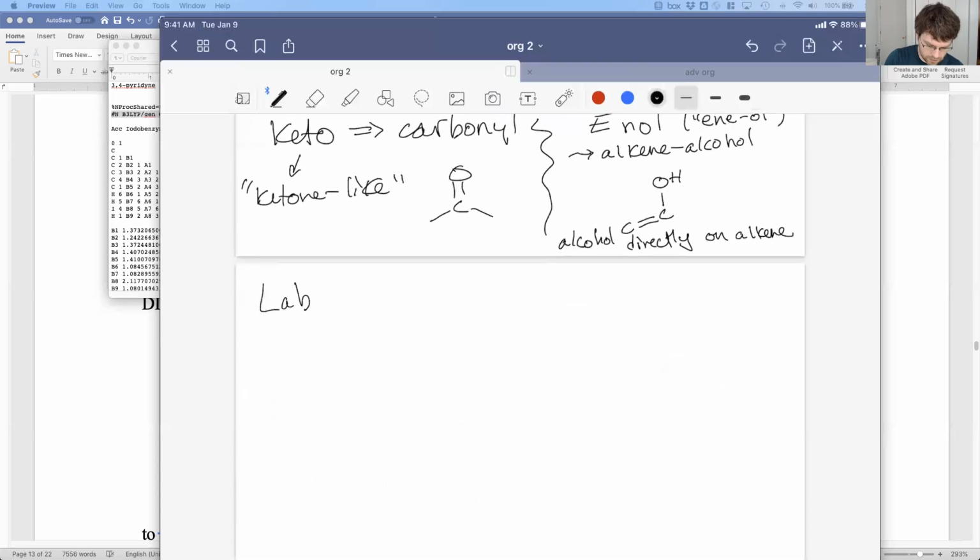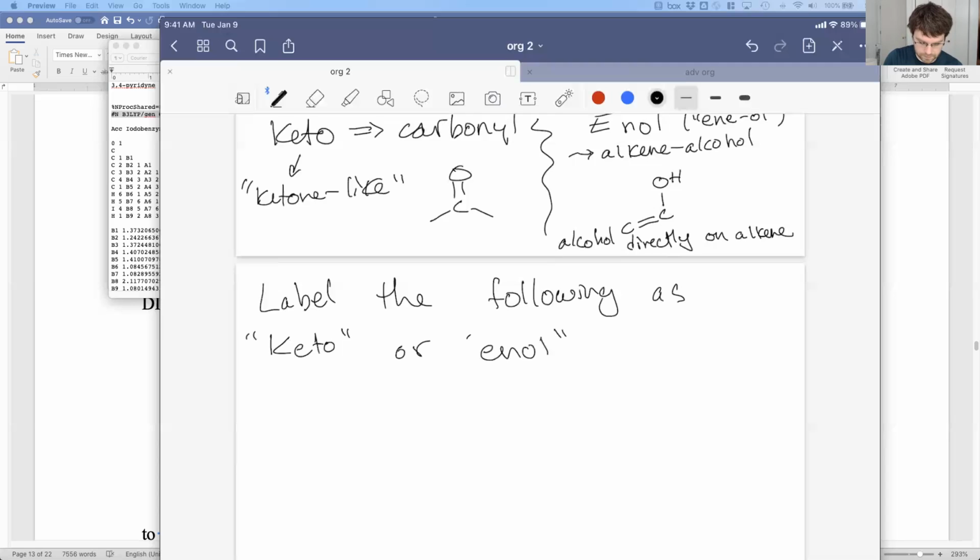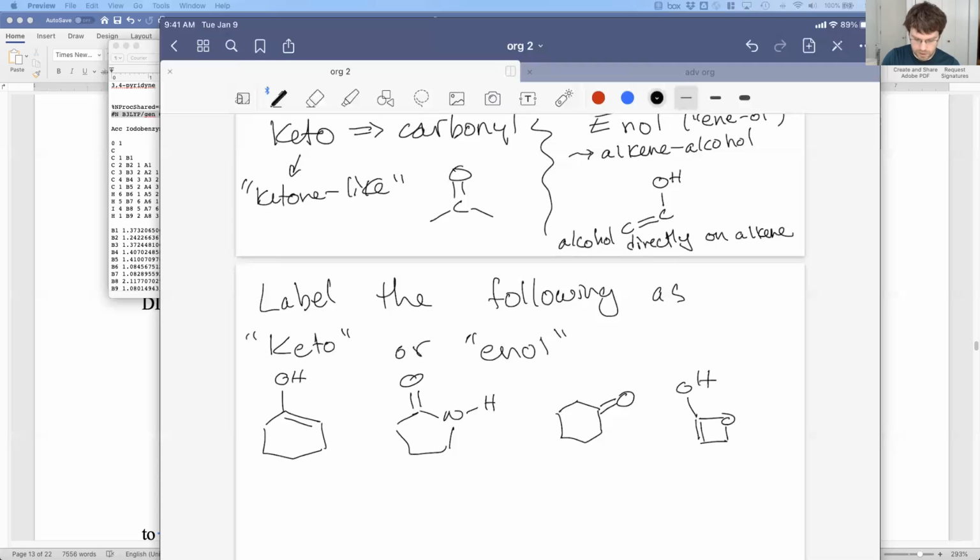Okay, so let's just do a quick test. Label the following as keto or enol. So this, we have this, we have this.